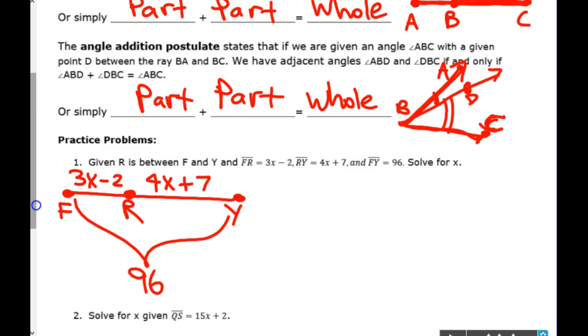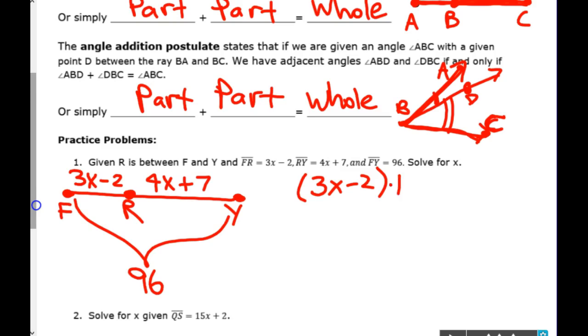Now the warm-up was angles. This one's segments. Same idea. Okay? So this first part plus this second part equals this whole thing. Let's write it as an equation. So my first part is FR, 3x minus 2. First part.